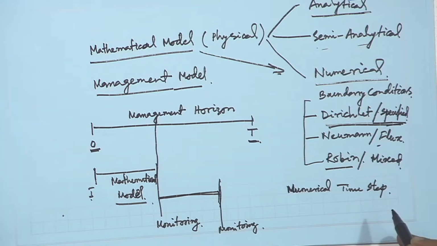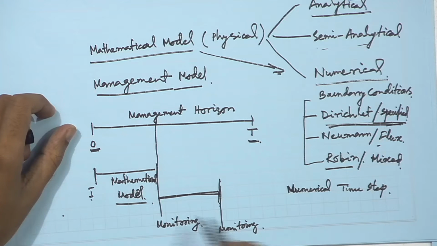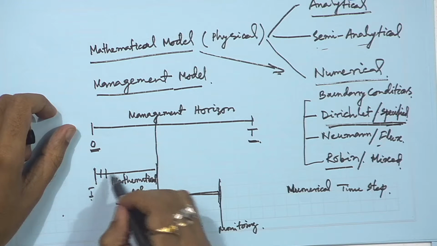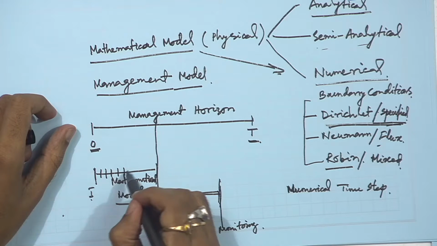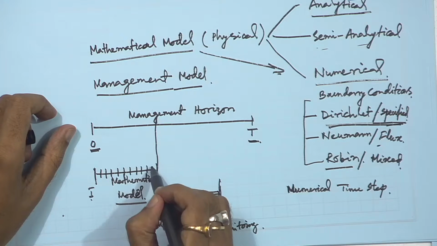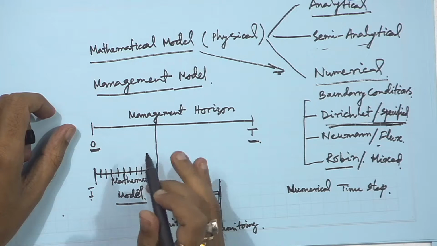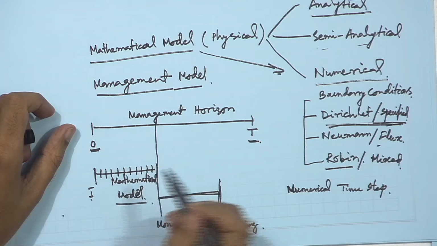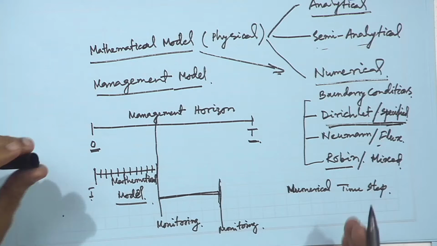Now, in this numerical time step, we divide the total time for the mathematical model into different parts. Okay. So, essentially your management time step is not equal to your numerical time step. Okay. Management time step is not equal to your numerical time step. That should be clear.